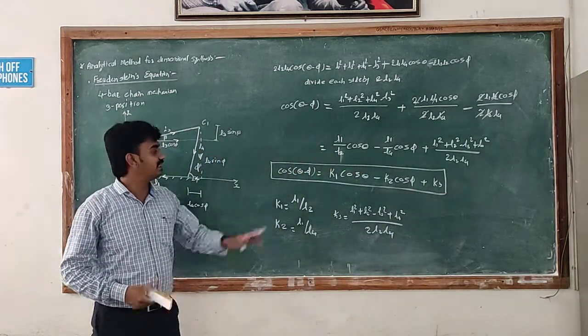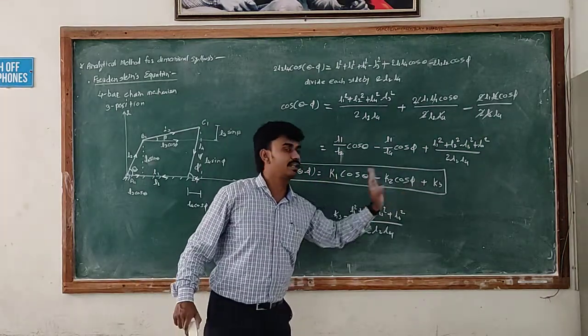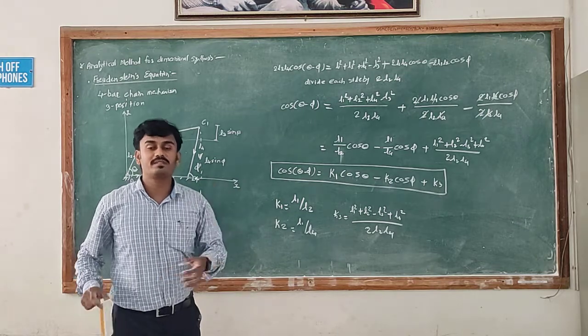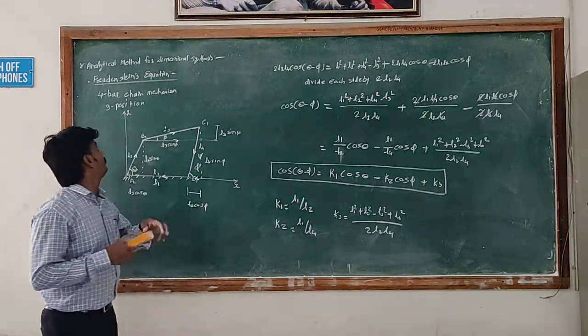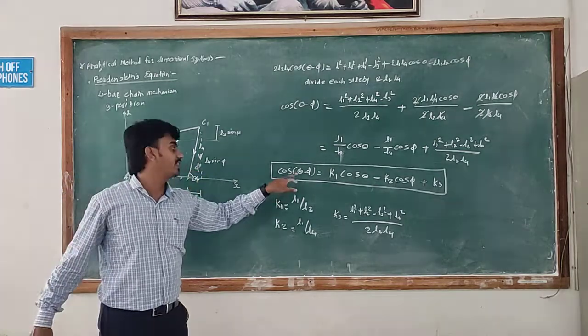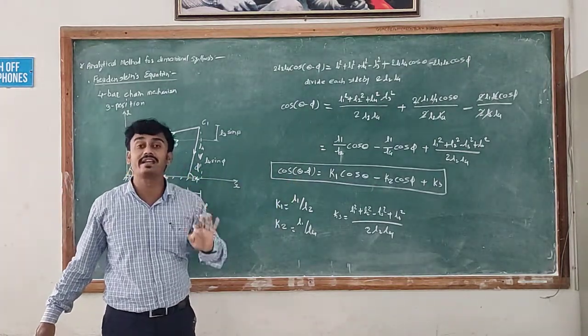If we see this equation, there are 3 unknowns, K1, K2, K3. In our problem statement, they give 3 positions, which means theta 1, theta 2, theta 3 and phi 1, phi 2, phi 3 are given.